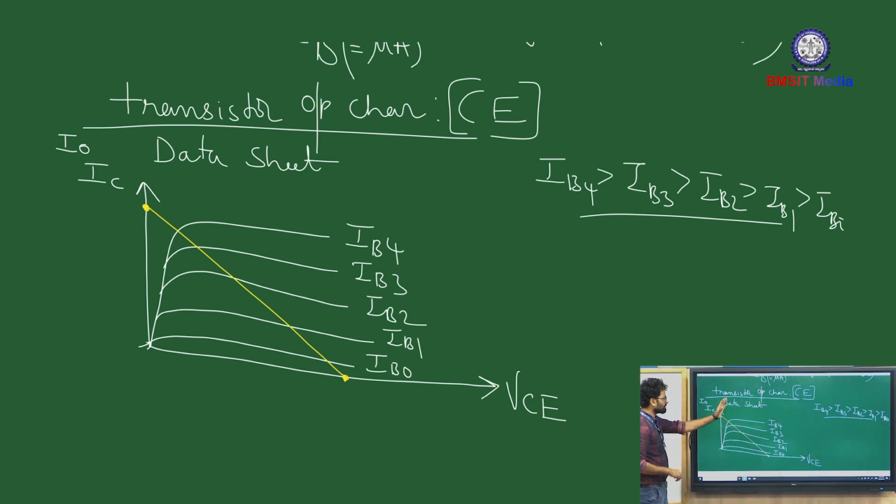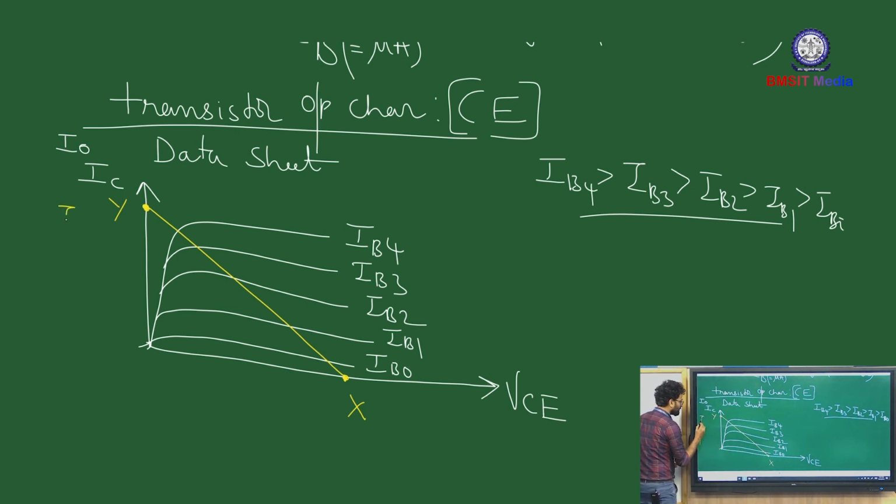Just to explain operating point, you need not get into those details. Load line is basically a straight line drawn on the transistor output characteristics by joining the y-intercept and x-intercept.